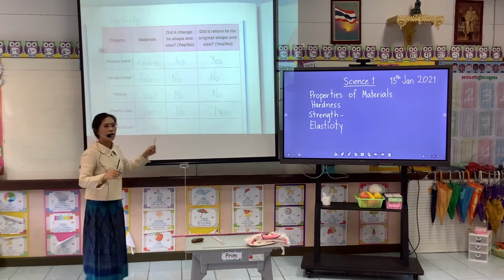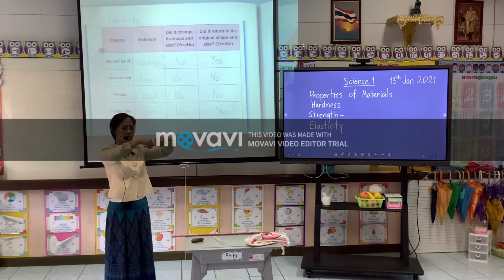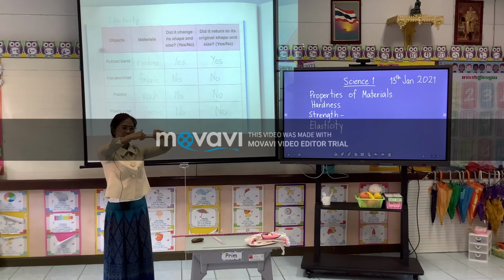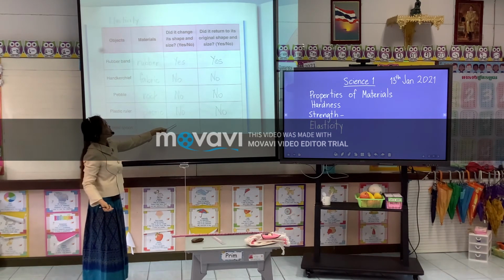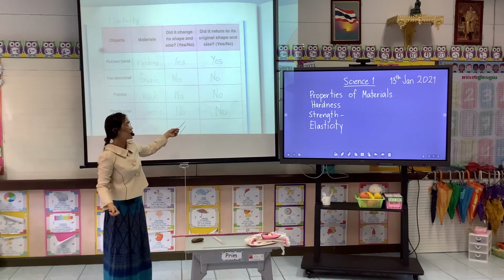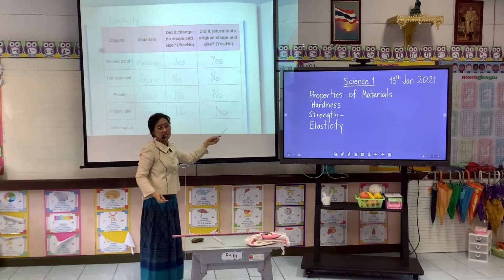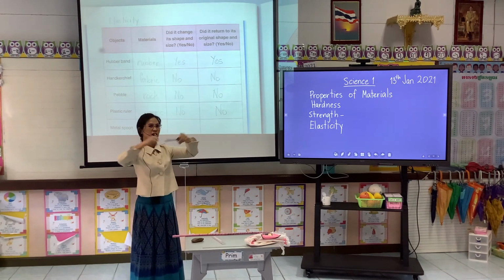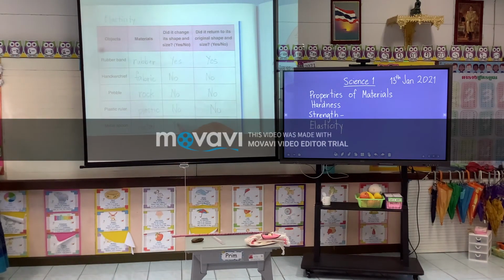Now let's try to stretch the metal spoon. Nothing changed. Did it change its shape and size? No. Did it return to its original shape and size? No. We cannot stretch it, so both no and no.